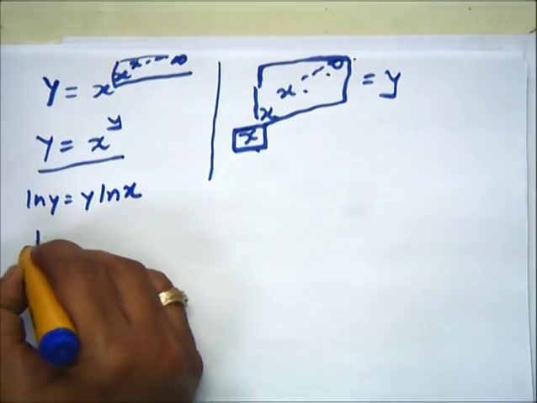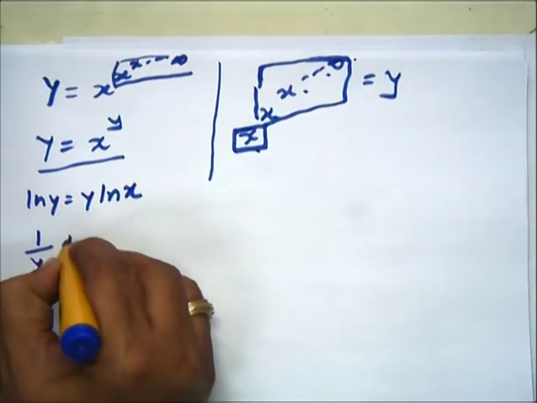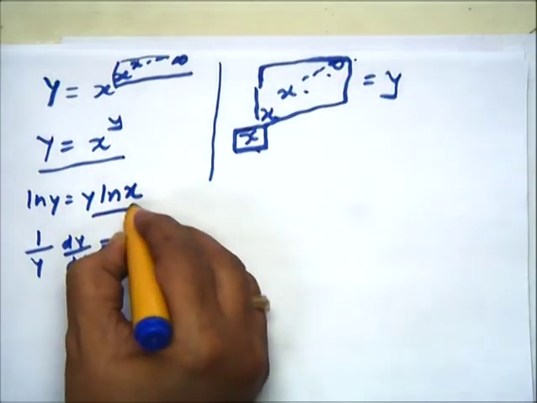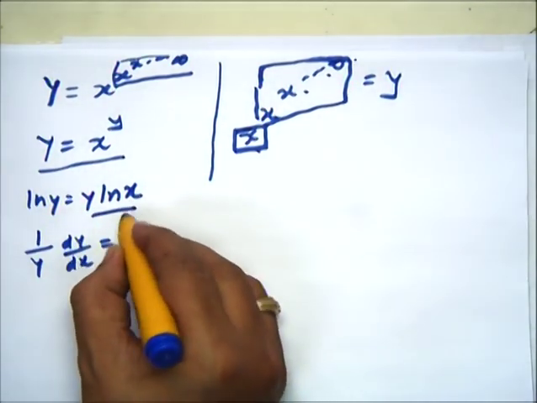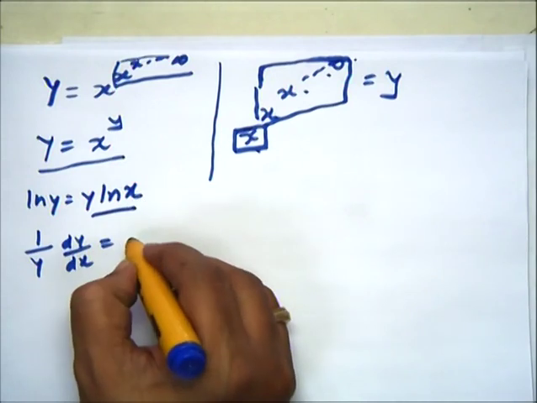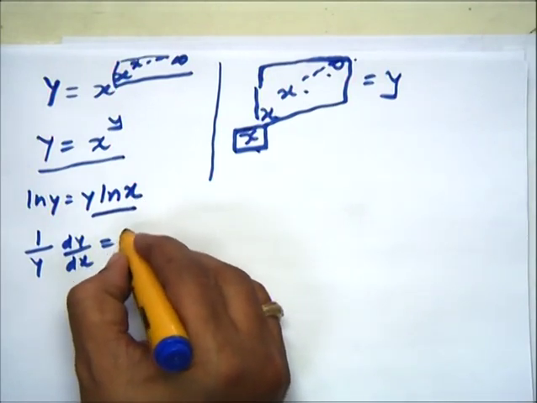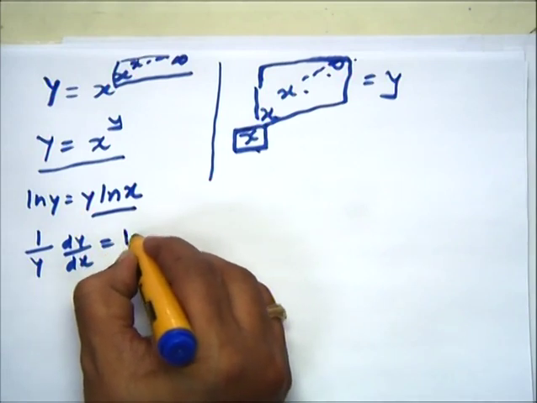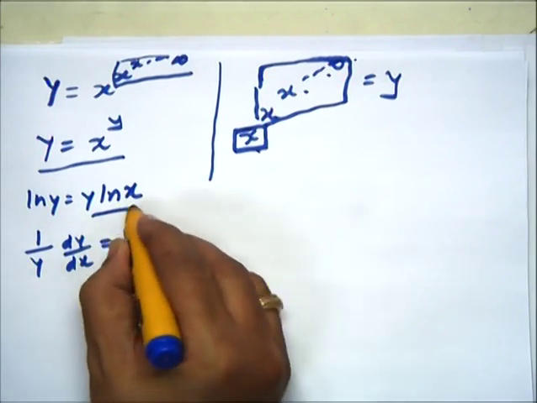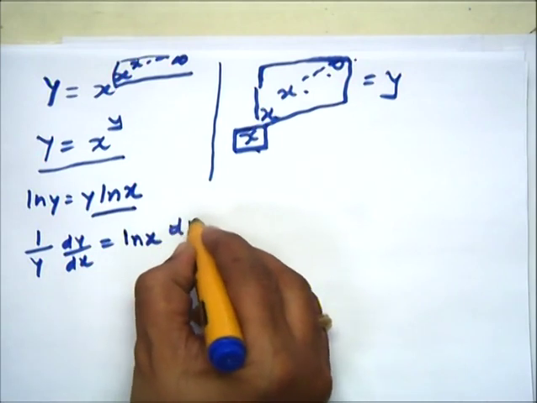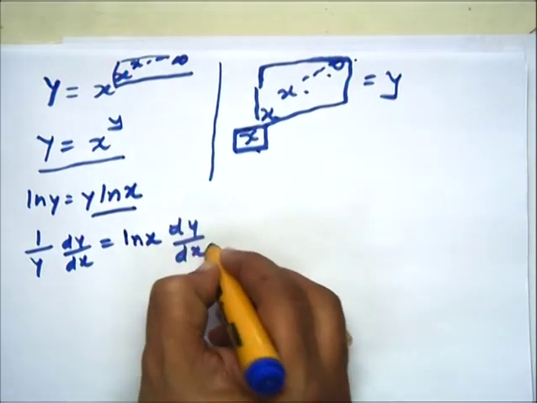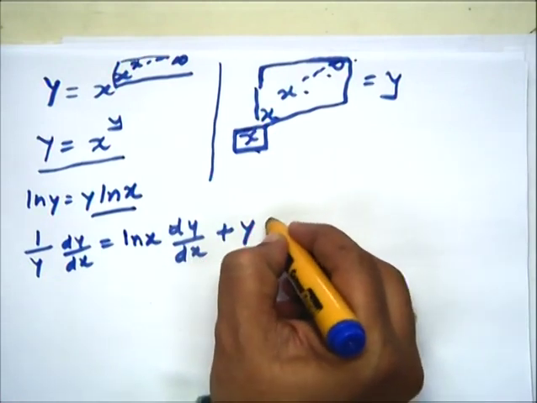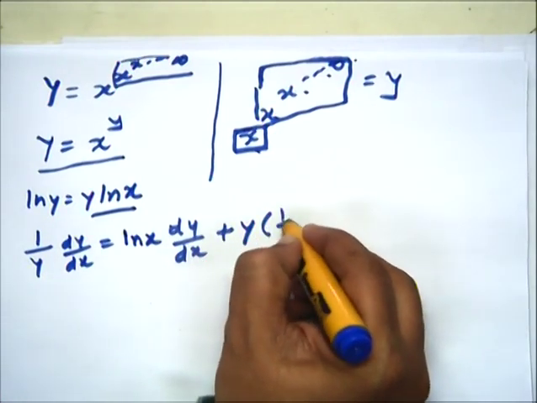So it is 1 upon y dy by dx. Now we have a product of these two, so we have y log x as it is into the derivative of y, that is dy by dx, plus y as it is into the derivative of log x, which is 1 upon x.